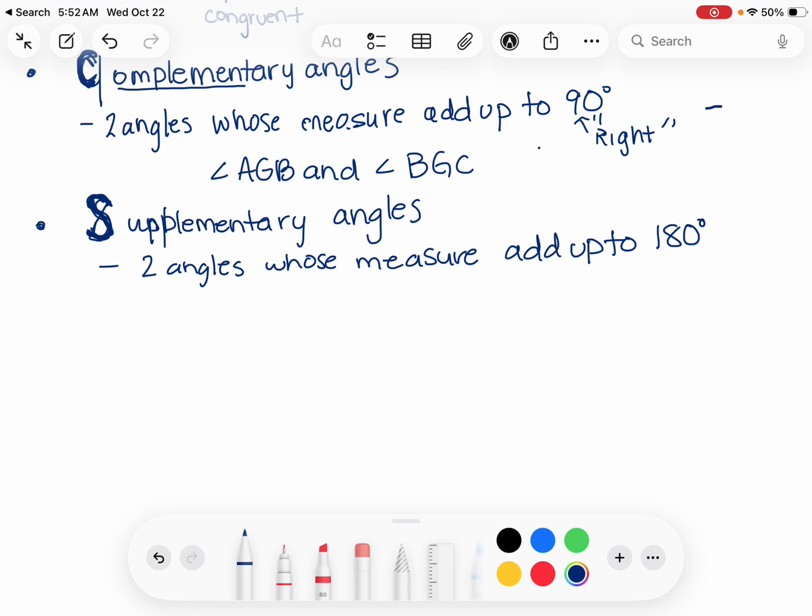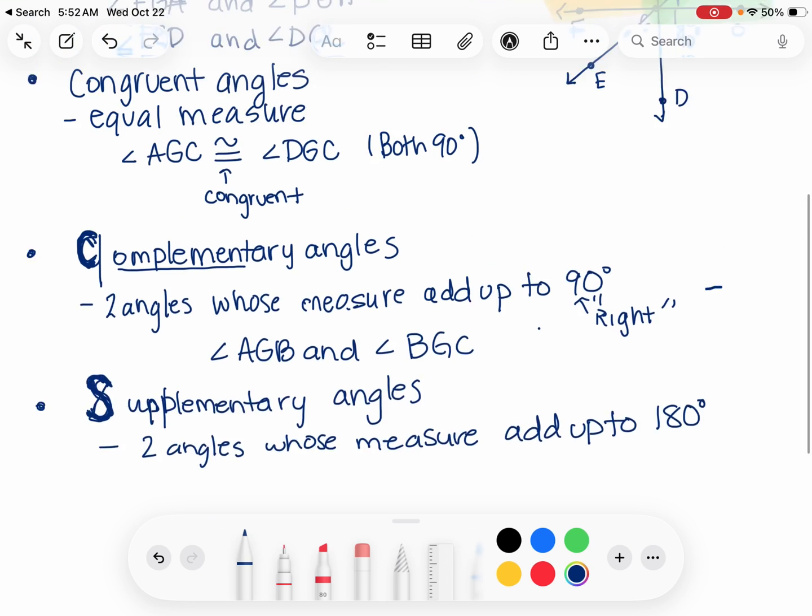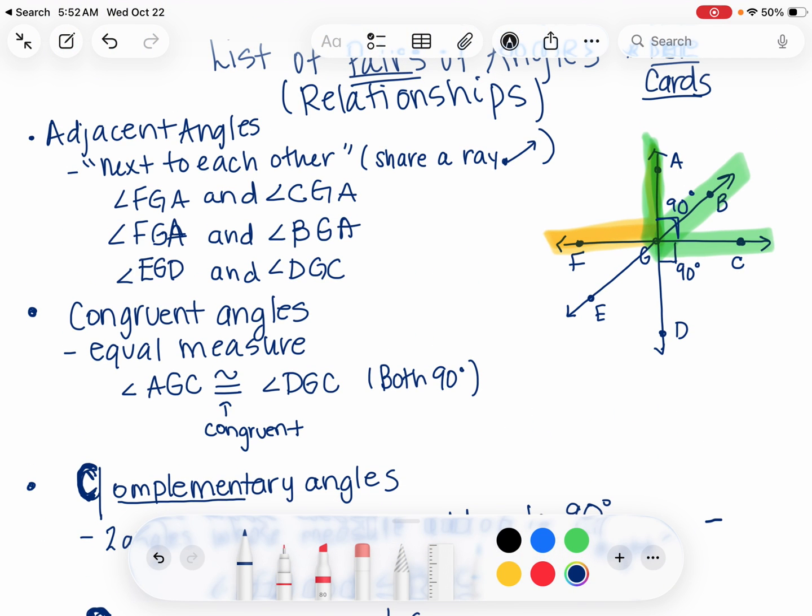So if I look at my picture, right, I want you to go ahead and color code this part for me, because students get confused when it comes to supplementary for some reason. They don't have to be next to each other, but in this picture, they happen to be next to each other. So for example, you have 90 and 90 is 180.